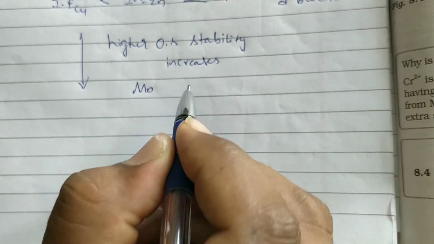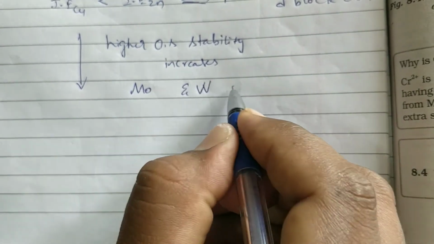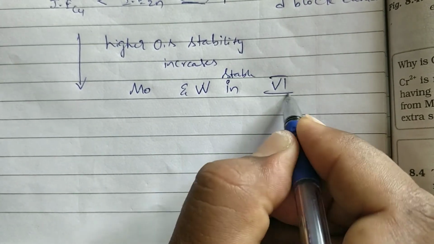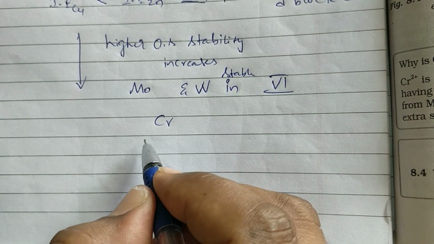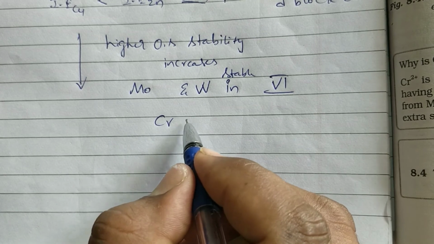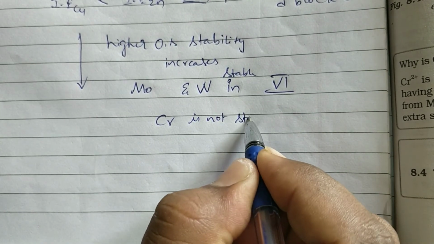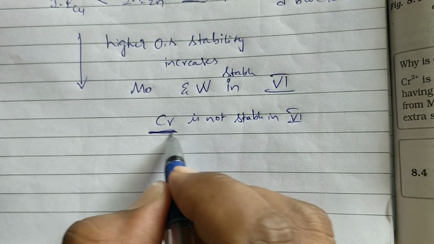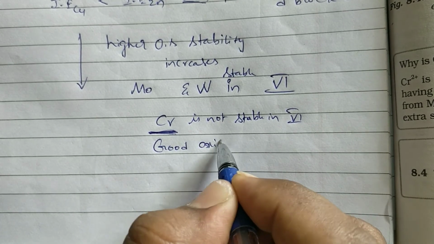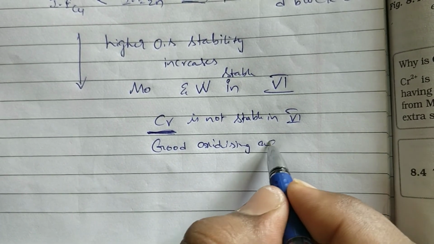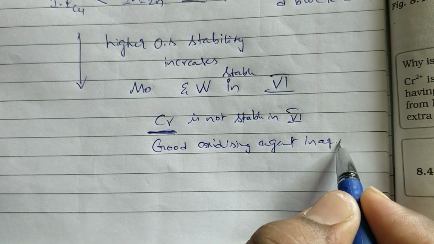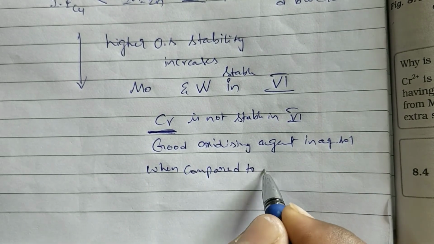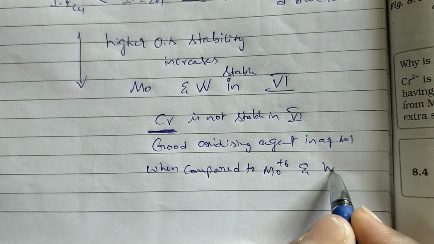That is why molybdenum and tungsten are stable in the +6 oxidation state, but chromium, which belongs to the same group as the starting member, is not stable in the +6 state. That is why it acts like a good oxidizing agent in aqueous solution when compared to Mo(VI) and W(VI).